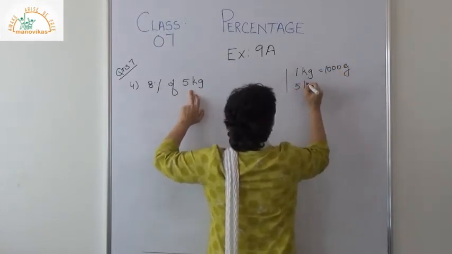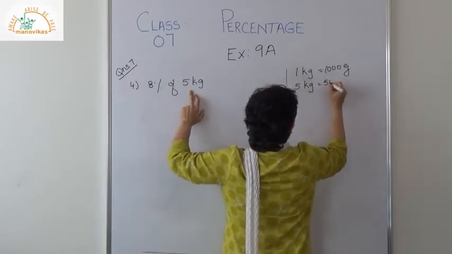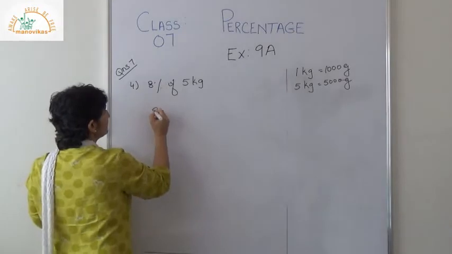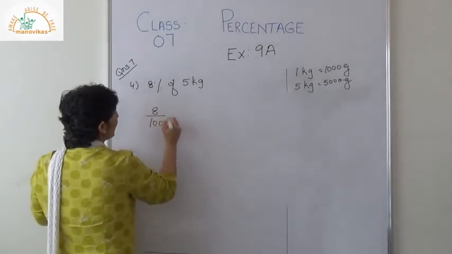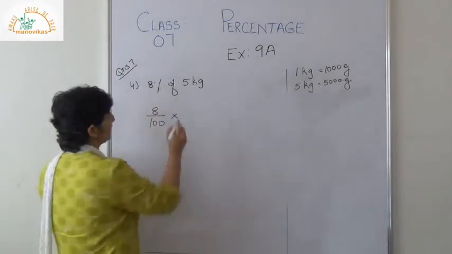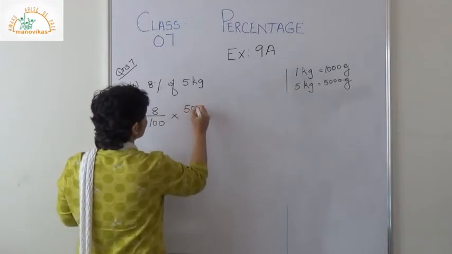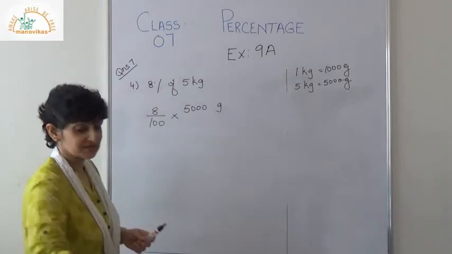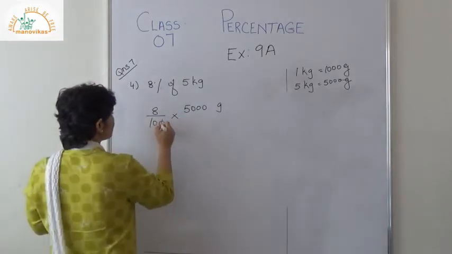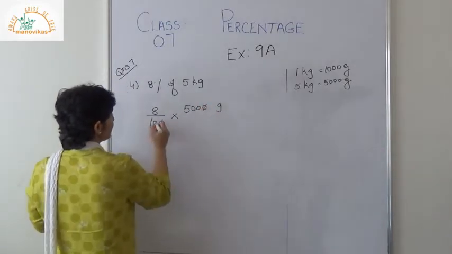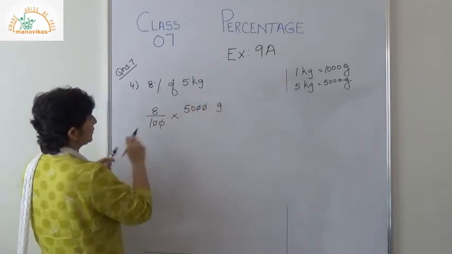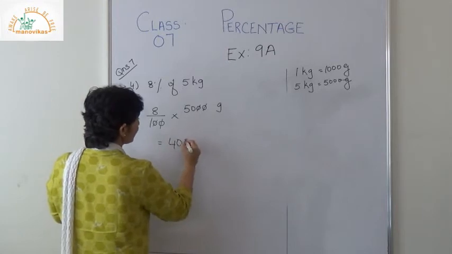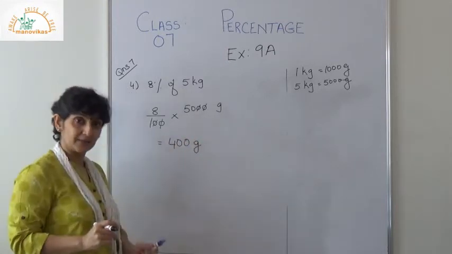So 5 kg will be 5000 grams, correct? So 8% means 8 upon 100, of means multiply. So 5 kg I have converted to 5000 grams. Now we are doing it in grams. So these two zeros get cancelled with this, this 0 gets cancelled with this. So what do I get? 8 5s are 40. Put this 0. So I get it as 400 grams.